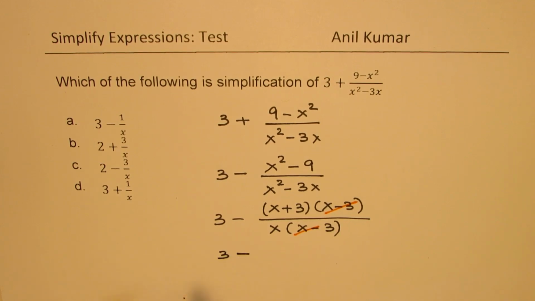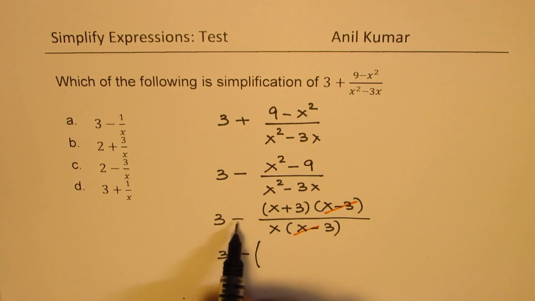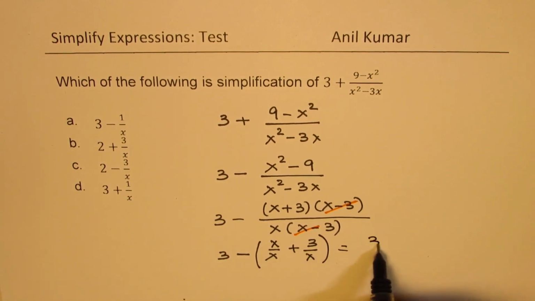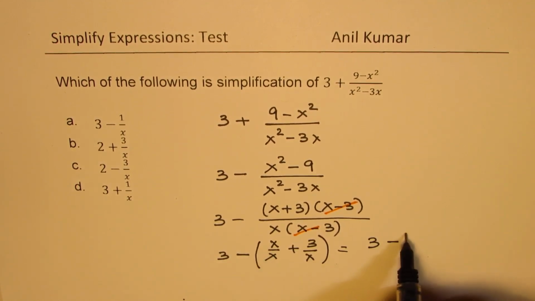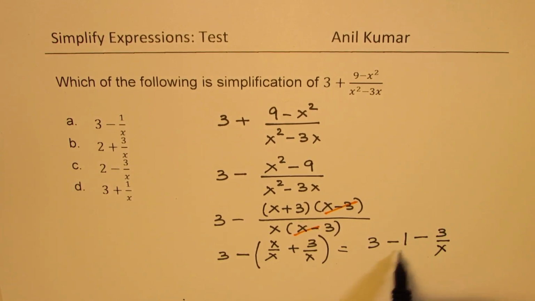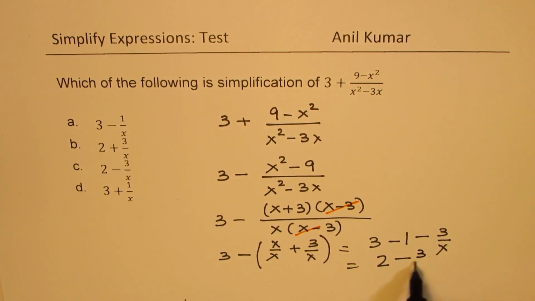And we can write this as 3 minus, let's put brackets here, (x plus 3) over x. Is that clear to you, right? Now we get 3 minus (x over x) is 1 minus 3 over x, correct? And that clearly is 3 minus 1 is 2 minus 3 over x. Is that clear? It's very important to place the brackets, or when you open, make both of them negative, right?